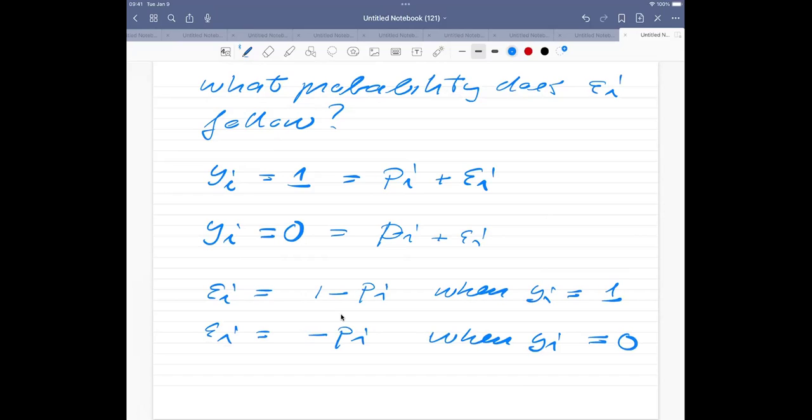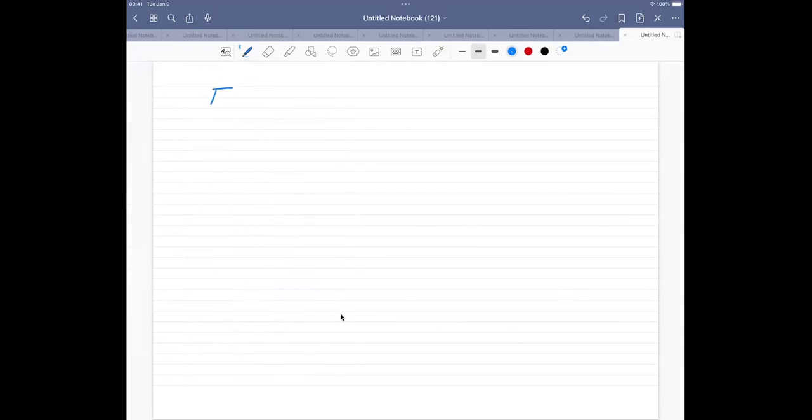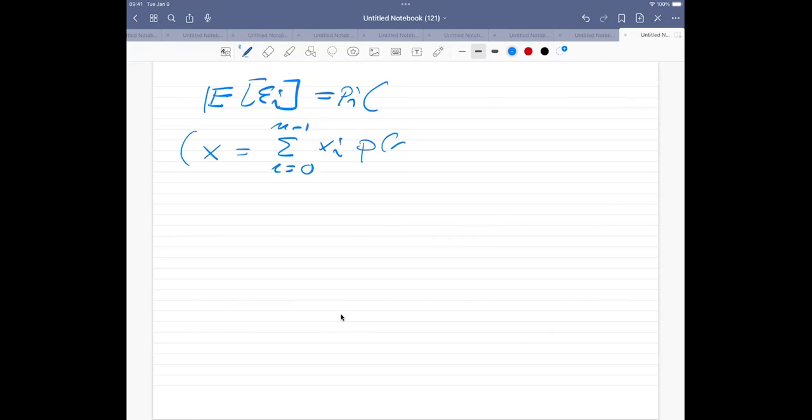Then what we want to do next is to calculate the expectation value of a given epsilon of I. So we have only two cases. The expectation value of a quantity like X is given by a sum over all the stochastic events which we have, multiplied with P of X of I. That is the formula for an expectation value of a variable x.